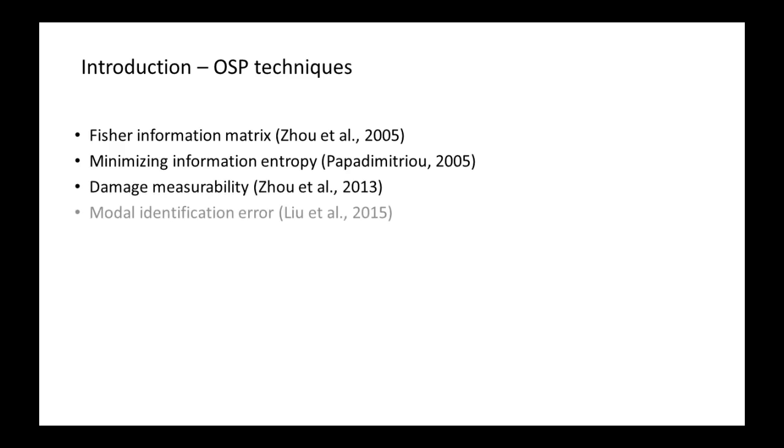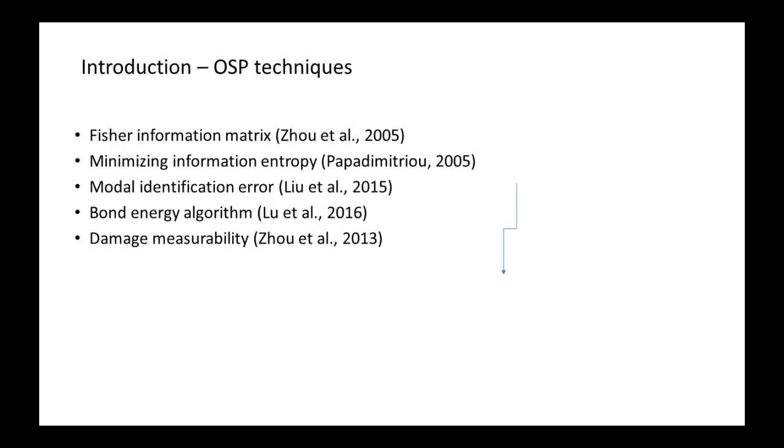A few of the existing techniques to identify the optimal location of sensors are based on the modal information matrix or the mode shape matrix. Based on the matrix, there are a few algorithms already present, but they tell you that if your concern is to identify the modal matrix, you can follow any of the algorithms. Apart from this, the algorithm also states how to identify the damage based on the modal properties.